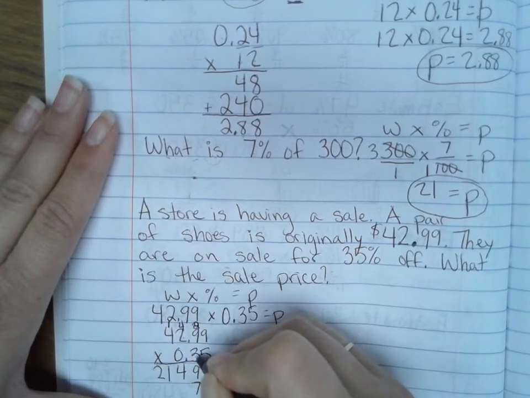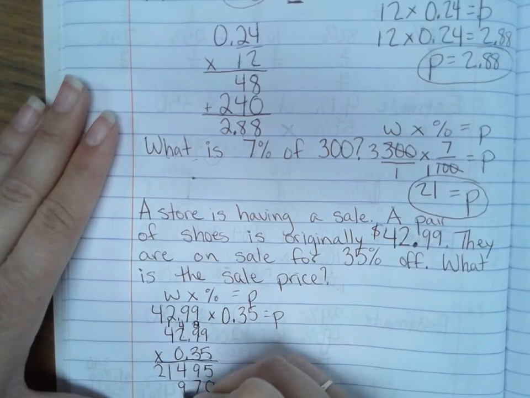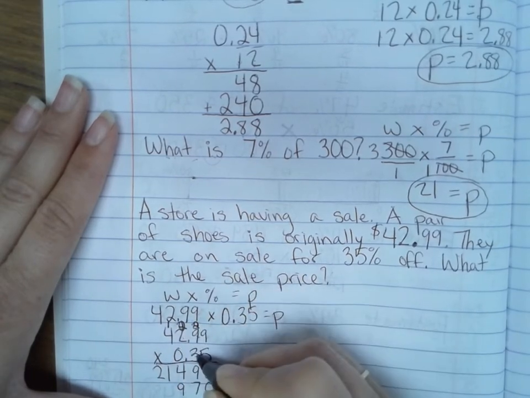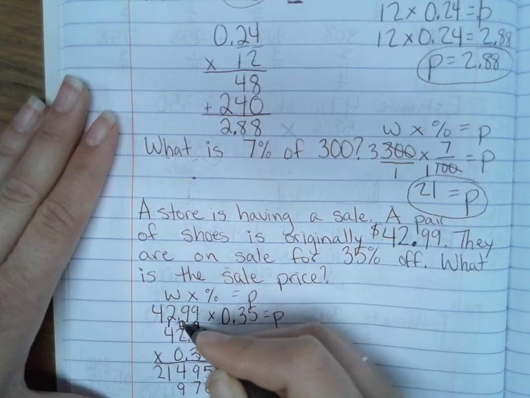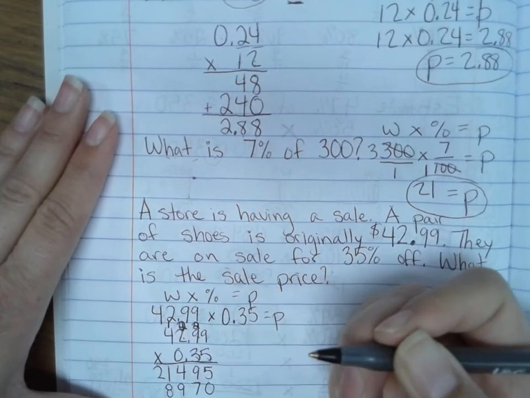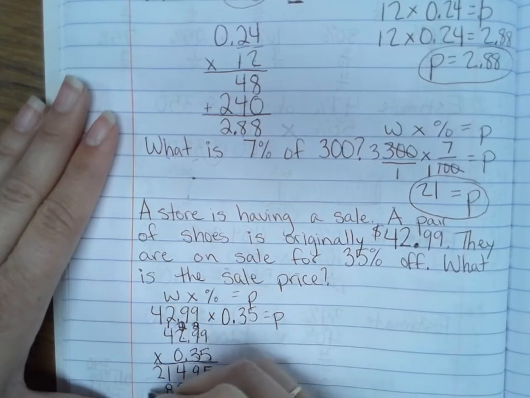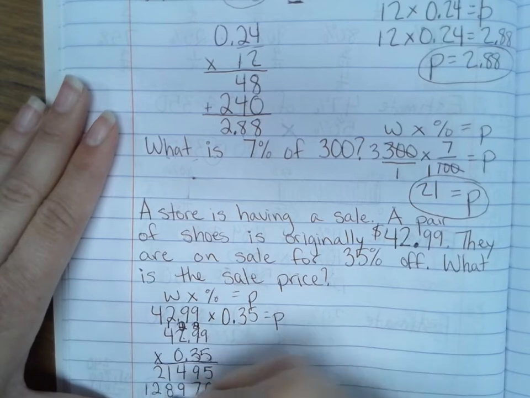Regroup 2. 3 times 9 is 27, plus 2 would be 29. Regroup 2. 3 times 2 is 6, plus 2 is 8. 3 times 4 is 12. And we didn't have to regroup anything there, so I'm just going to write 12.